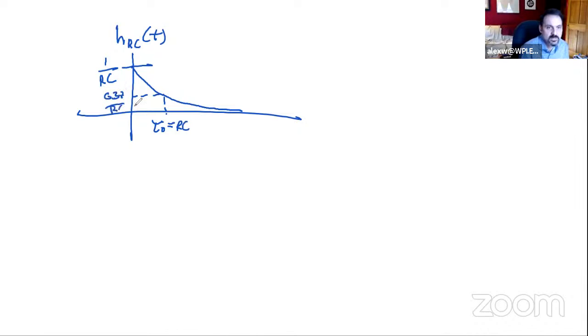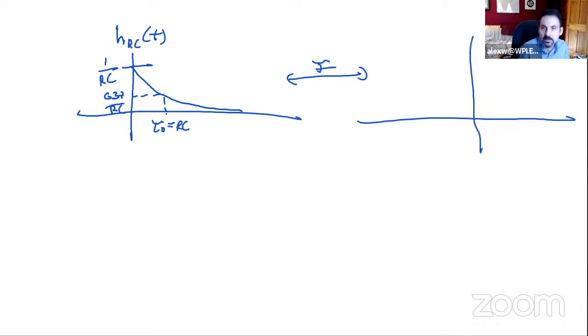0.37 over RC, right? Very importantly, what does this look like in the frequency domain? In the frequency domain, this thing looks like this. So let's look at the power spectral density. It's going to look like that. What's the height? 1.